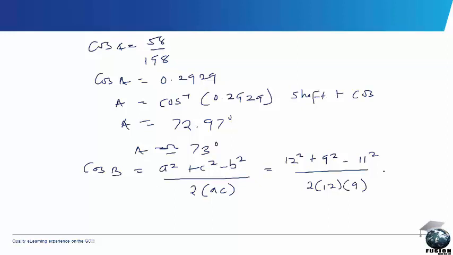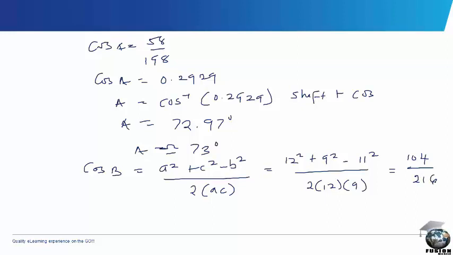This computation gives 104, and 2 times 12 times 9 is equal to 216.